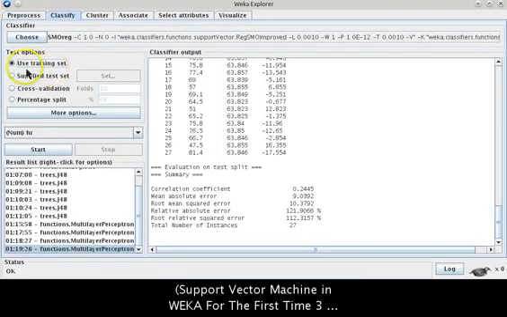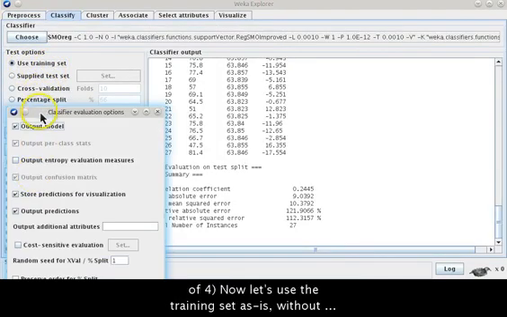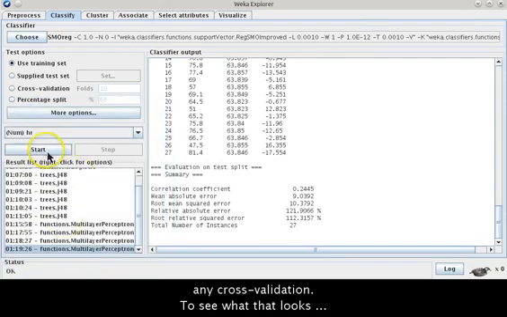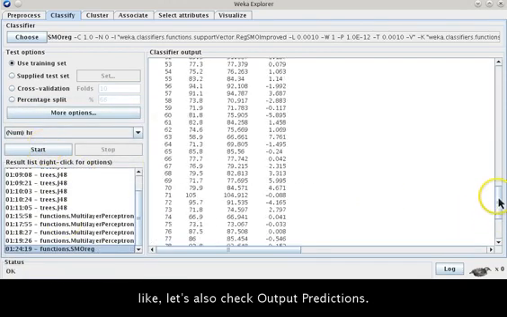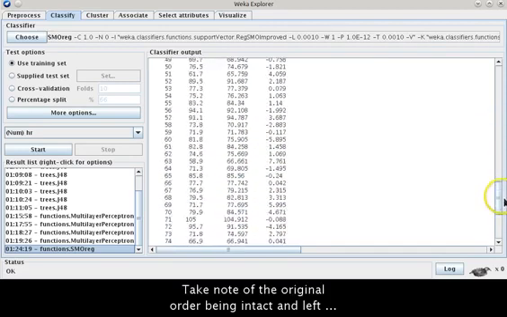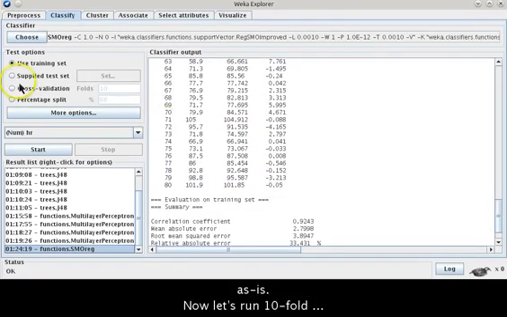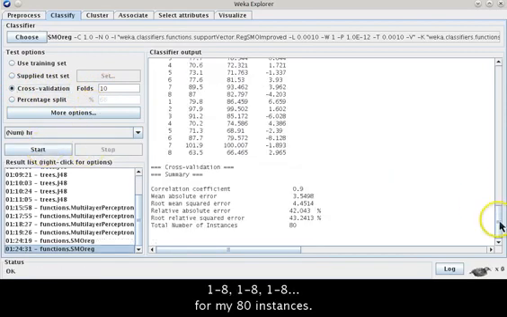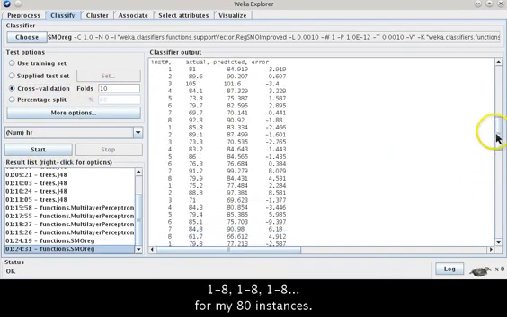Now let's use the training set as is, without any cross-validation. To see what it looks like, let's also check output predictions. Take note of the original order being intact and left as is. Now, let's run tenfold cross-validation. Here are 10 consecutive 1 through 8, 1 through 8, 1 through 8 for my 80 instances.